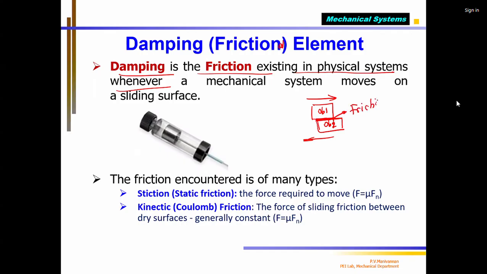Already we know that, right? That frictional force is also called damping force. So a typical damper can be made. Most of the time you don't want friction. Whenever you want motion, you want the frictional or damping force to be 0.